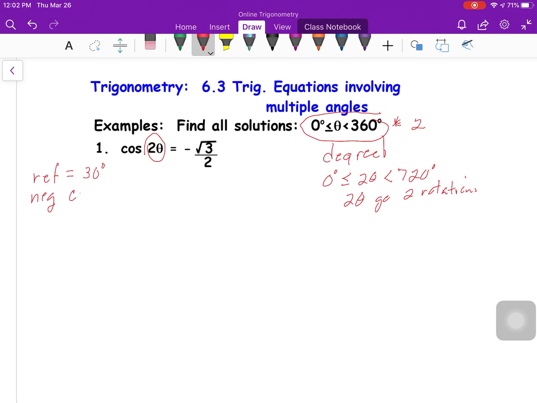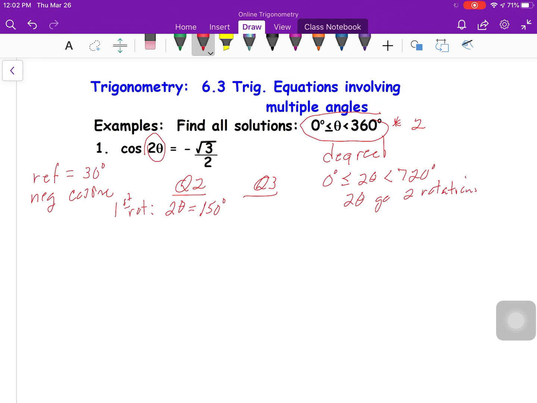We have a negative cosine. Negative cosine occurs in 2 quadrants. It occurs in quadrant 2 and in quadrant 3. Now, on rotation 1, so the first rotation, in quadrant 2, our 2 theta, the inside of that trig function, will be equal to, well, once again, it's in quadrant 2, so we'll take 180 and subtract the reference angle. 180 minus 30 gives us 150.